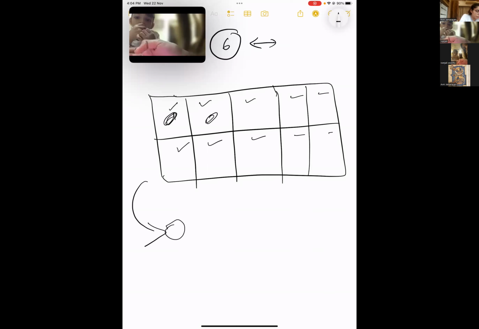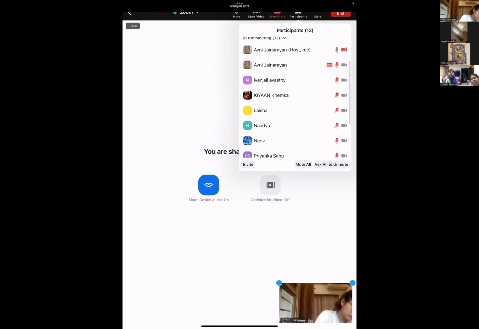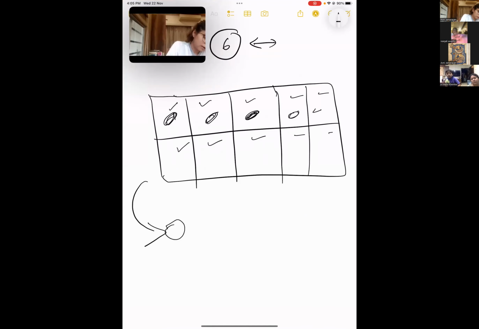If we have these, so this becomes number 5, and even when the second row is completely filled, it becomes number 10.